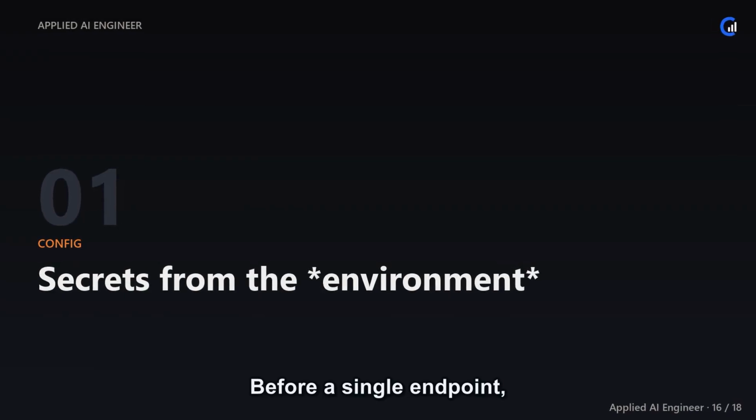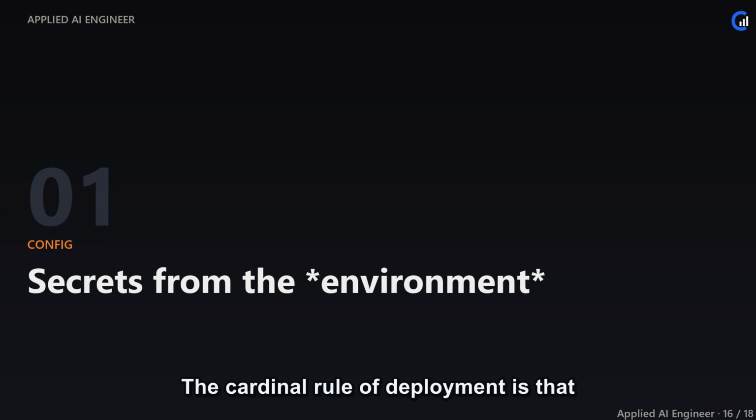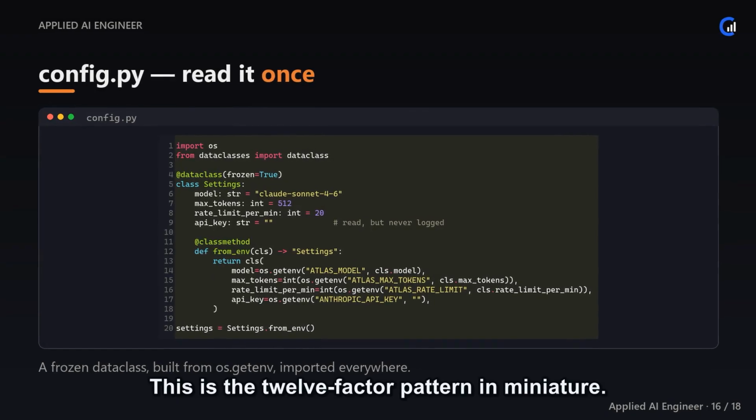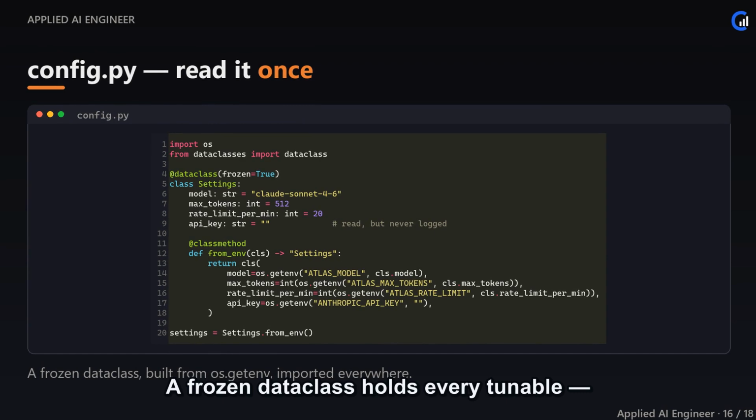Before a single endpoint, we settle configuration. The cardinal rule of deployment is that config lives in the environment, never in the source. Let's build one small settings object that reads everything once at startup. This is the 12-factor pattern in miniature. A frozen data class holds every tunable, the model, the token cap, the rate limit, each with a sensible default that an environment variable can override.